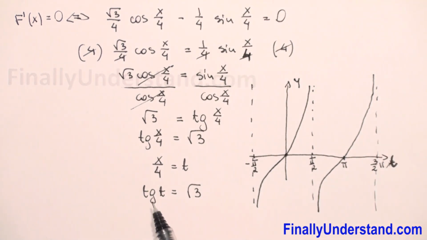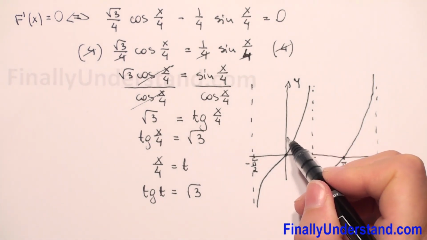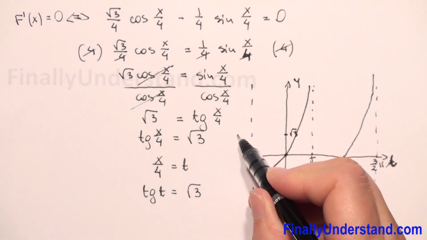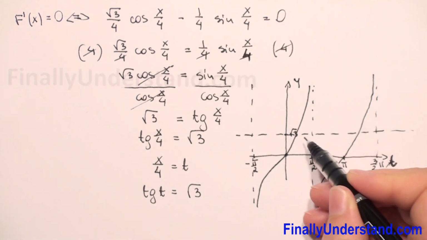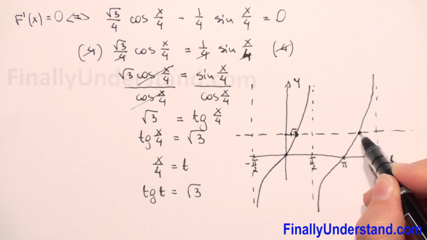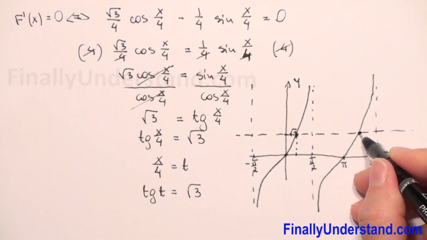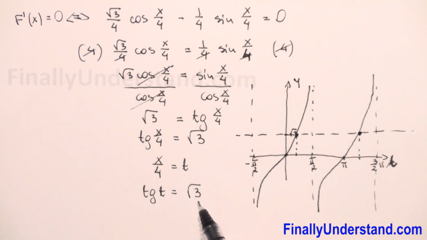So we have tangent t is equal to square root of 3. We have to find these points for which t, our tangent, is equal to square root of 3.